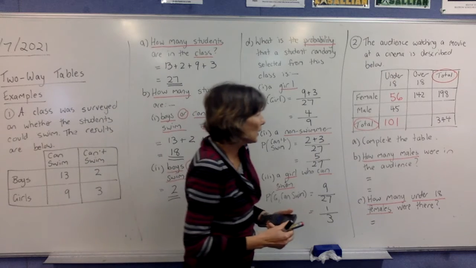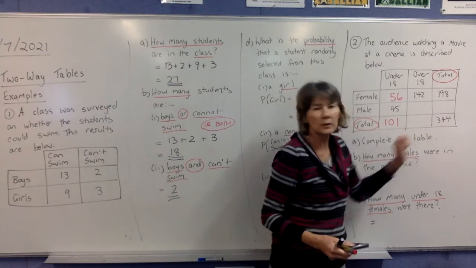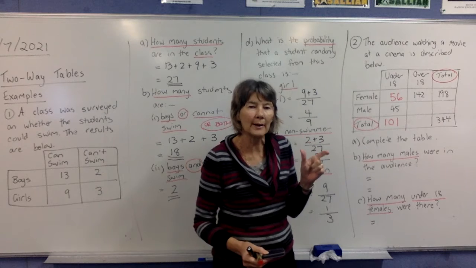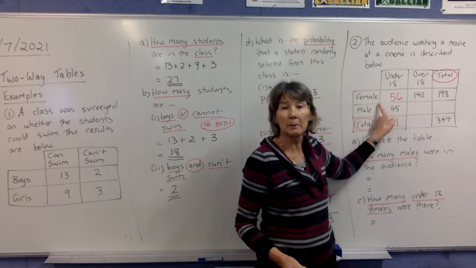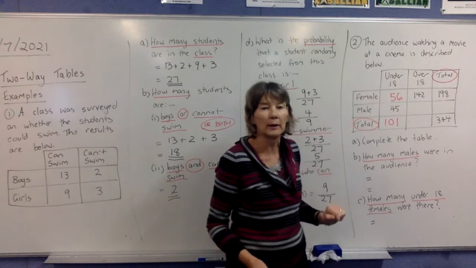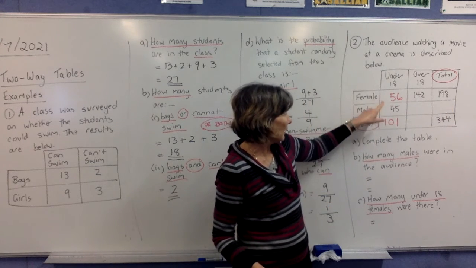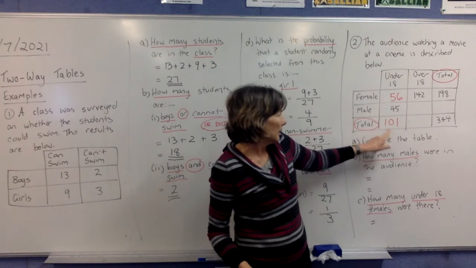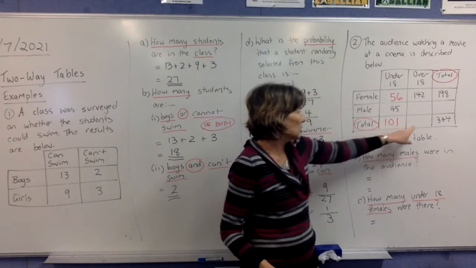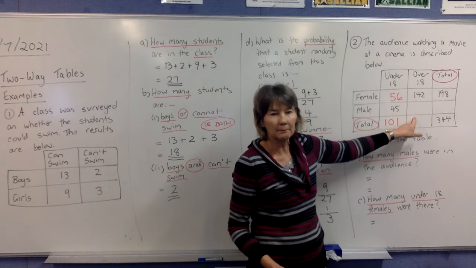Now, if we go this direction, so what you're doing is looking for just one empty space in a row or a column. So here I had one empty space in the row, I found that one. Then once I had that, I had one empty space in the column, so I found that one. Now I've got an empty space going this direction, so I'm going to look for that one.